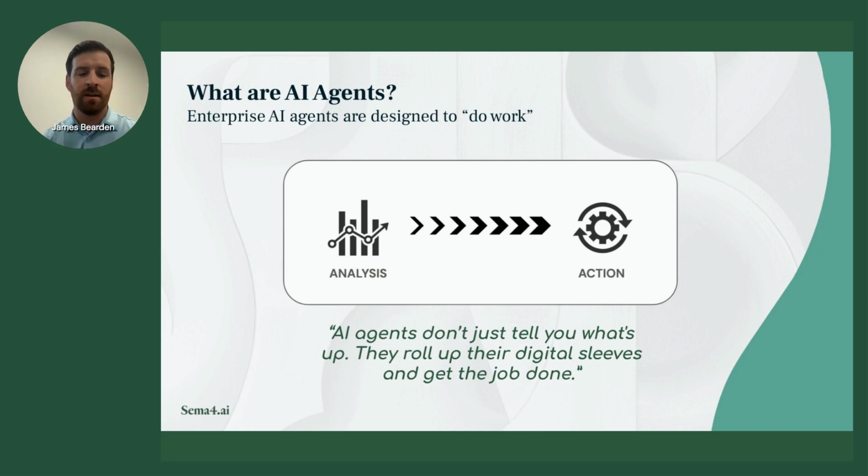So think of an enterprise AI agent as a tool that helps you get real work done, bridge those gaps between your siloed data estates, your siloed enterprise systems and apps, to be able to connect the dots between those and automate full workloads, if you will.